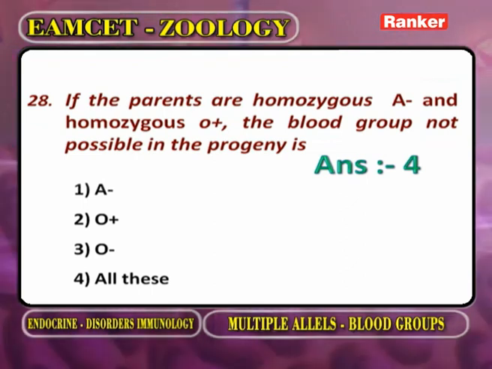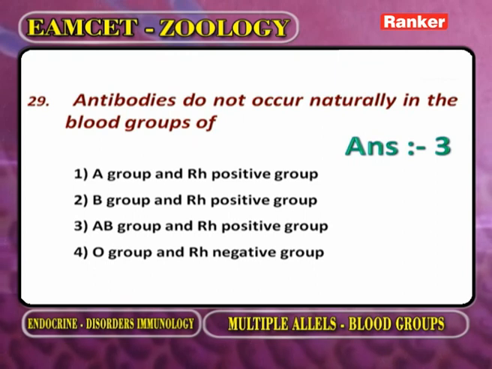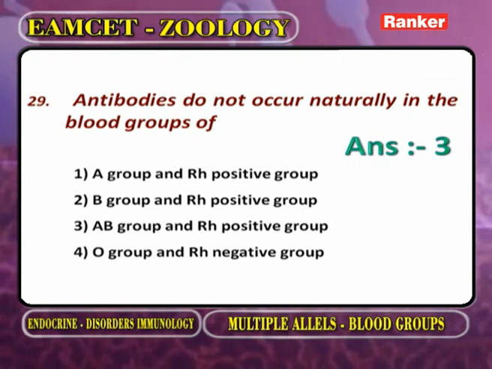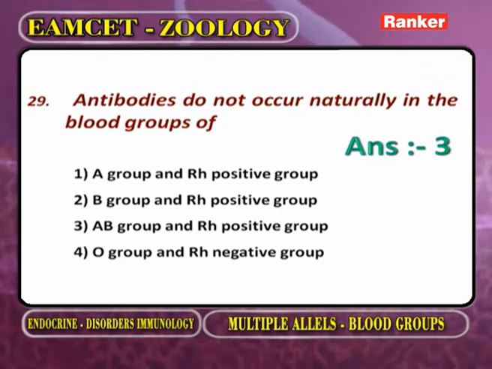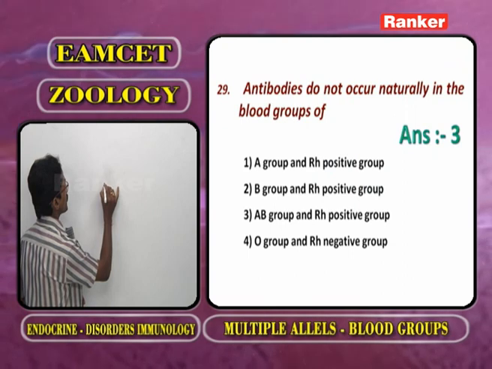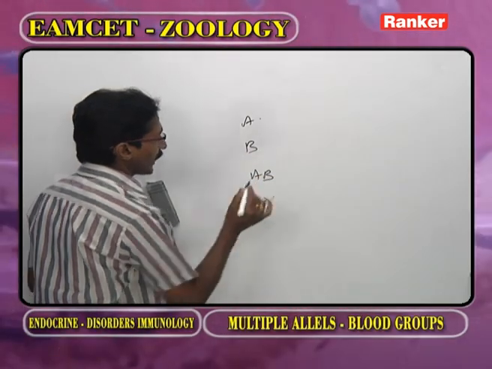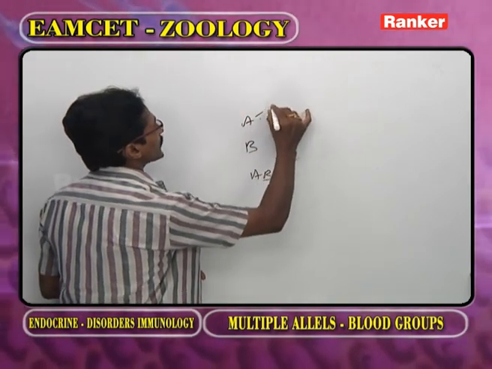Now the next one is: antibodies do not occur naturally in the blood groups of. Now as we observe blood groups A, B, AB and O. In the A blood group, what is the antigen?